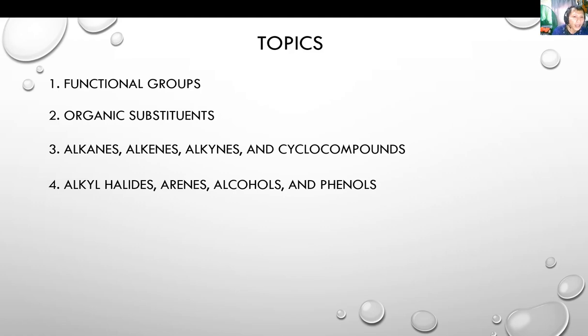Next are the nomenclatures of alcohols and phenols. For alcohols, for your parent chain, you only have to drop the ANE, as in methane, into OL. So one carbon would be methanol, and two carbons would be ethanol, etc. For phenols, basically phenols are arenes with alcohols.